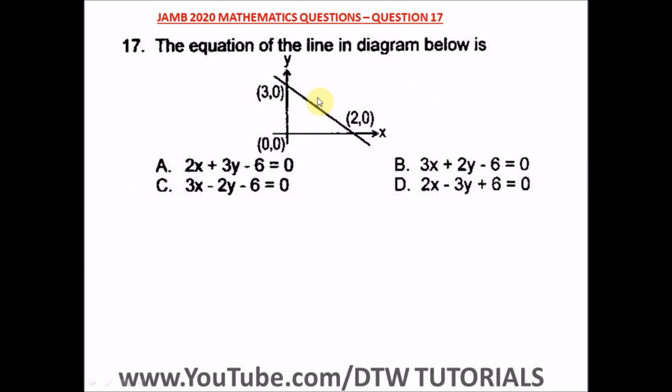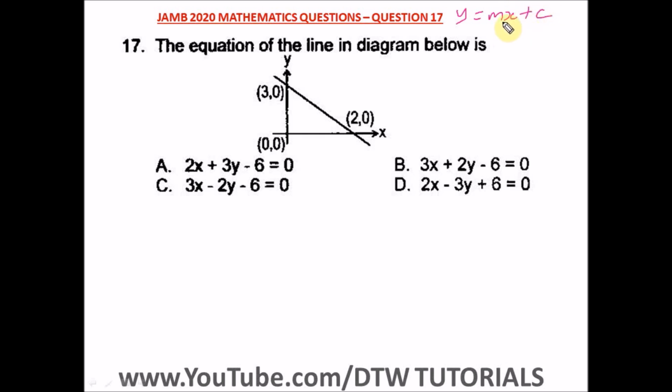And it says the equation of the line in the diagram below. I think you want us to find the equation of the line from the diagram. And if you recall, you have to do a lot of recalling, if you recall that the equation of a line is given to us as y equals mx plus c.